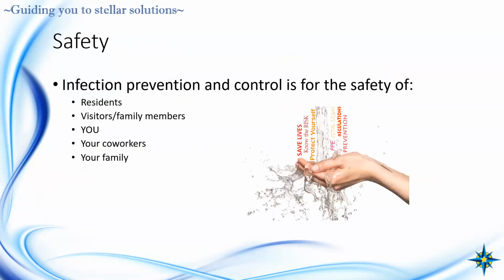My biggest thing is infection prevention and control is for the safety of our residents, visitors, you as the staff member, your coworkers, and your family. Working in ICU for numerous years, I would laugh when my coworkers would tell me, when you get home, have an area where you strip down and take your clothes off before you enter the house, because you never know what you're taking with you. And they're right.